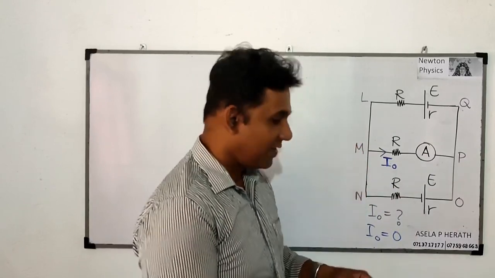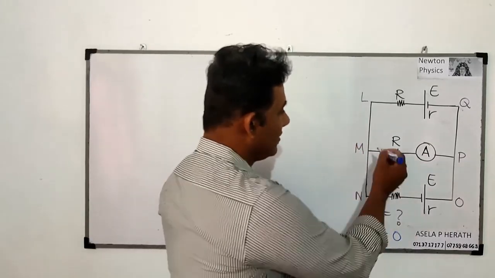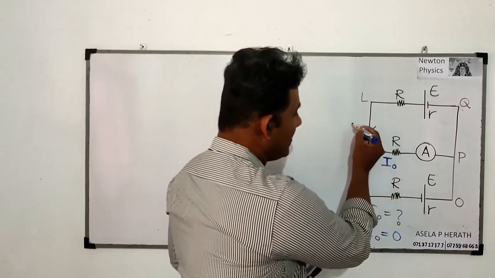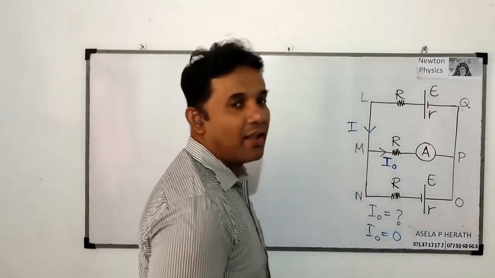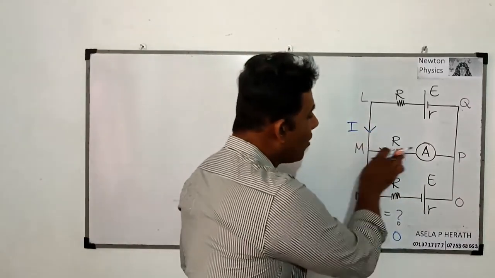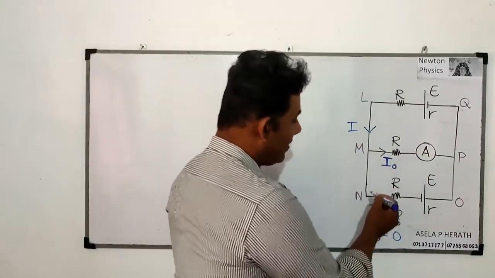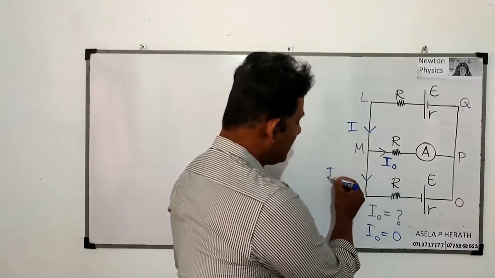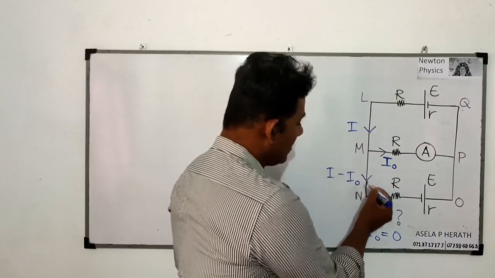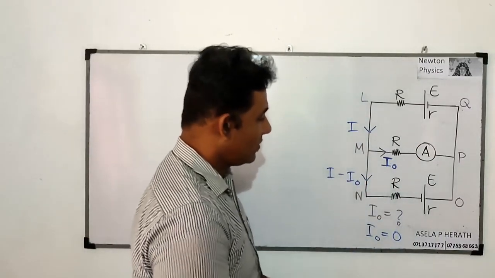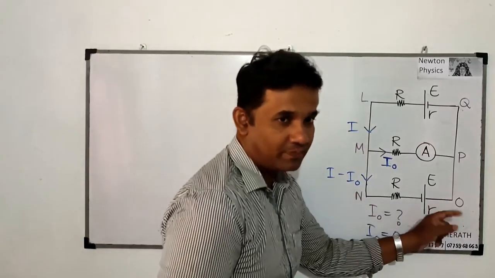Here I am applying the first law. Think that this cell distributes a current capital I, and the current I0 flows across this ammeter, and the remaining part, that means I minus I0, flows across NO.